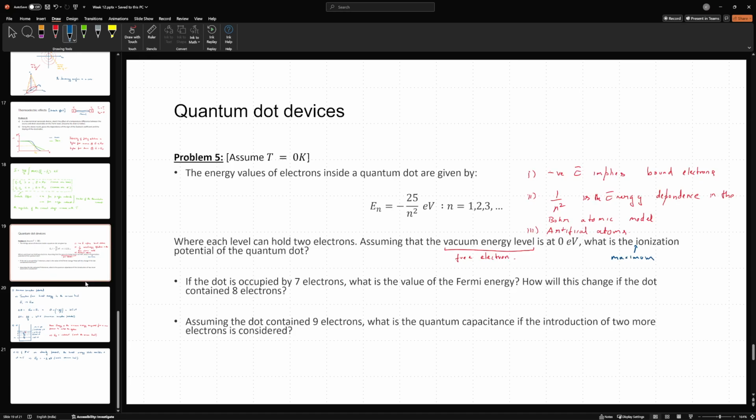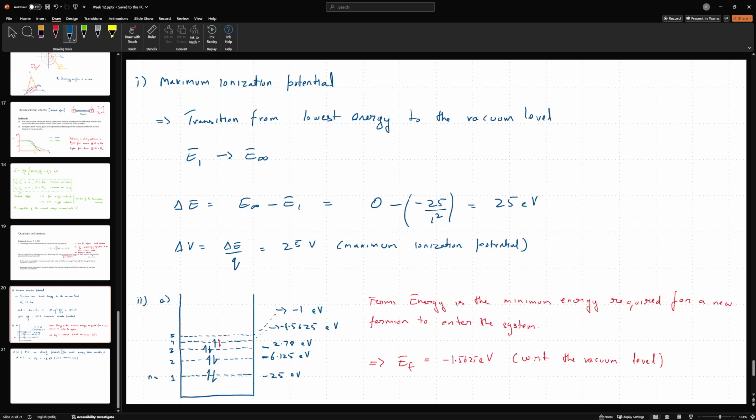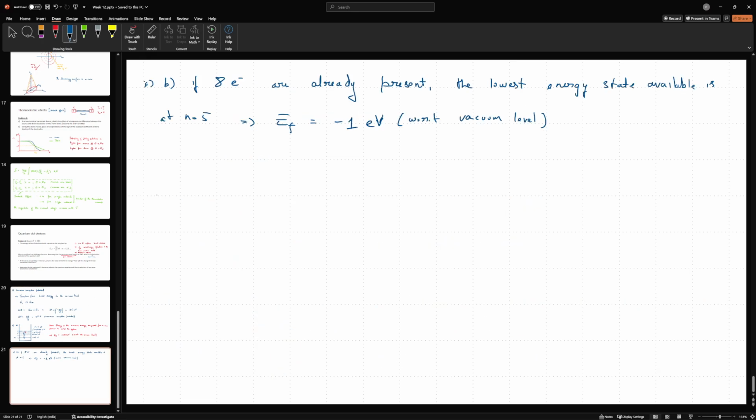Now the question is, assume that the system contains 9 electrons. Now what is the quantum capacitance if 2 more electrons are introduced into the system? So remember the definition of capacitance.